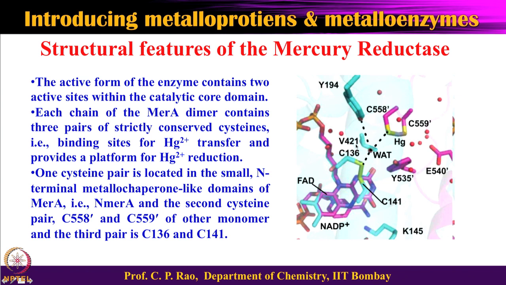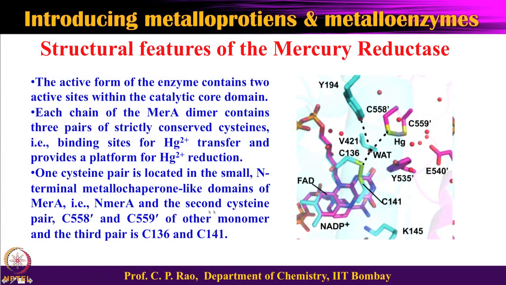Mercury reductase is an enzyme which reduces mercury 2 plus to mercury 0, and the mercury 0 is of course less toxic, and then it will be thrown away by the excretion process. So, this is one of the ways by which you can remove heavy metal toxicity, in particular the mercury toxicity.